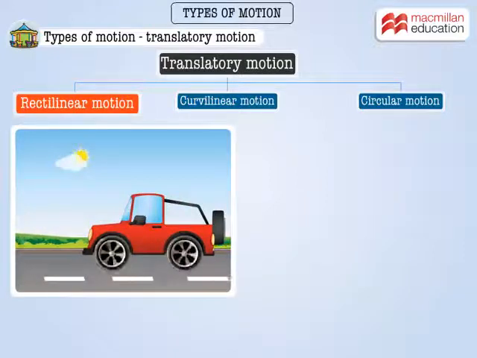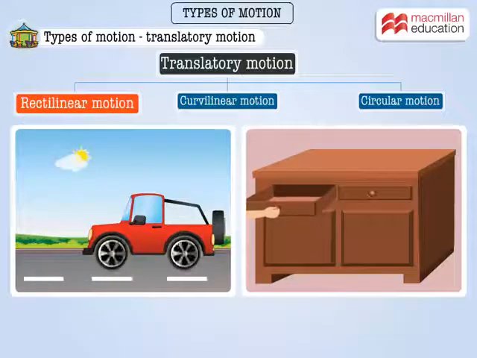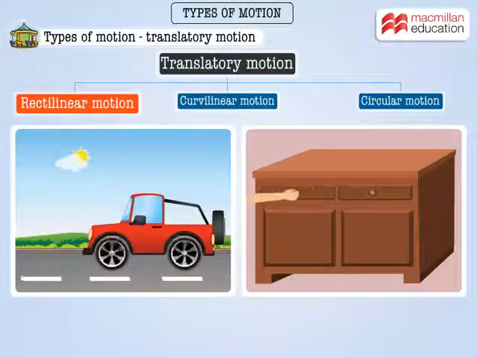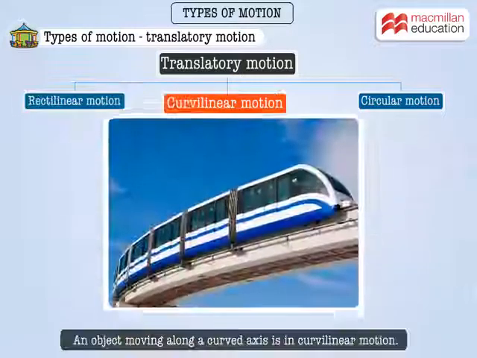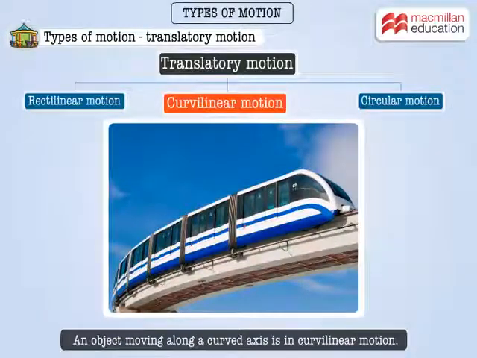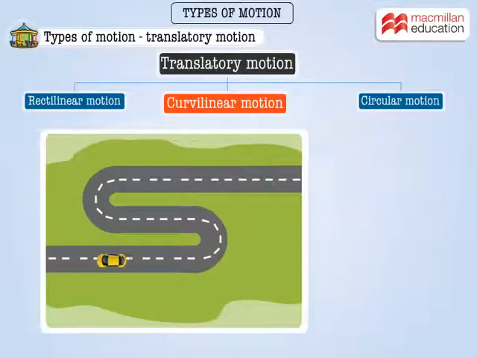A vehicle moving on a straight road, or a drawer being pulled from a table, are some examples of rectilinear motion. An object moving along a curved axis is in curvilinear motion. For example, a vehicle turning along a bend in a road is in curvilinear motion.